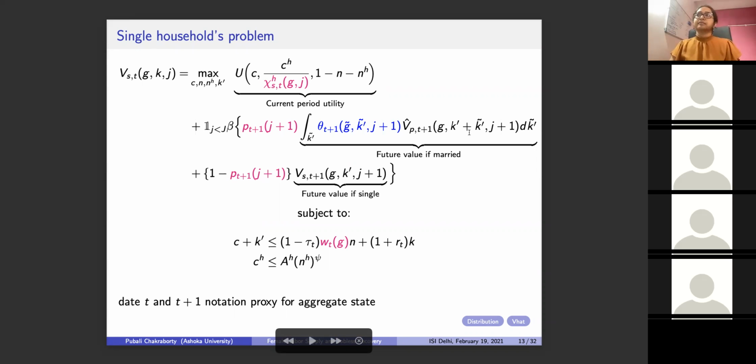I have understood that part, this value function part. I'm just thinking that in the budget constraint, nowhere is this K prime tilde appearing. So when I am deciding my C, N, H and K prime, is there any way other than the utility that this K prime tilde is affecting my choices? No, this is today's budget constraint. There is a probability that I may get matched in the future.